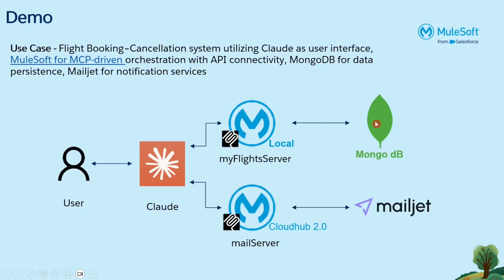And this is connected to the MongoDB database. And we have another MCP server, which is the mail server, which is hosted on CloudHub 2.0, and it's connected to MailJet for the notification or email service. So this is how the demo will look.